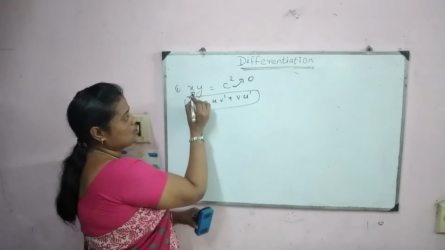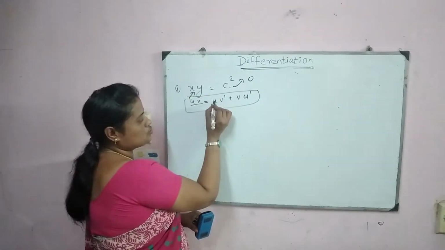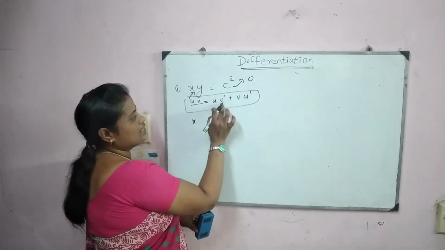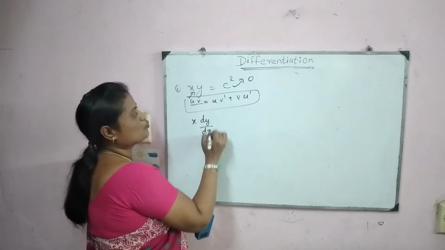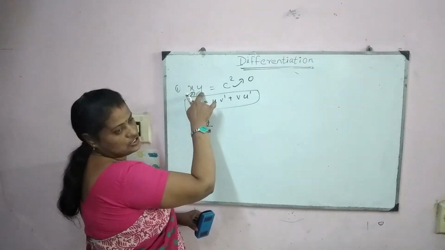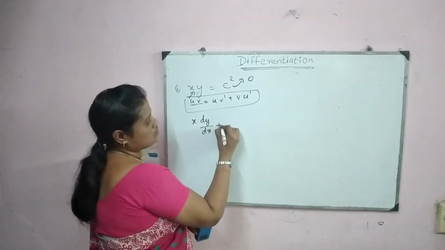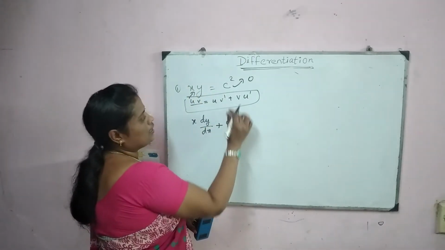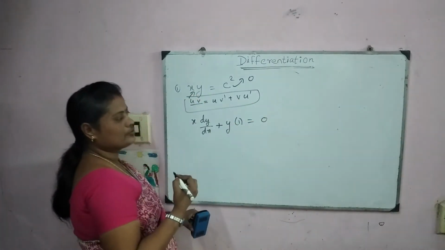Now let us discuss. The value of u is x and the value of v is y. So first one, u is x, v dash is y differentiation, dy by dx. Because this is the product rule. For x we have a differentiation formula, for y also we have a differentiation formula. That's why we need to apply the product rule, plus the value of v is y and u dash, x differentiation, is 1. The constant differentiation is always 0.